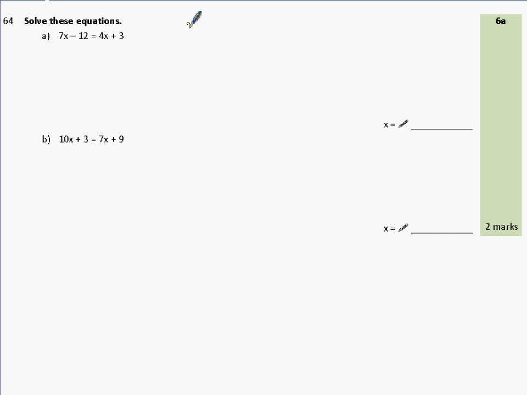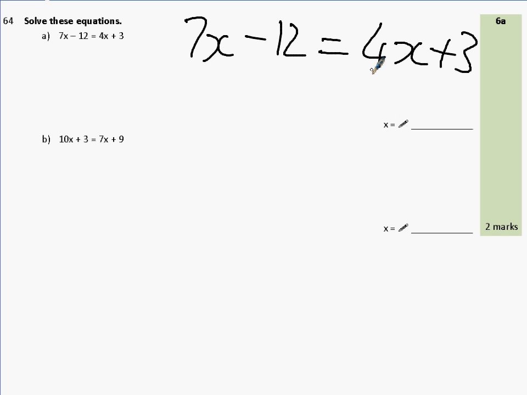Solve these equations. 7x take away 12 equals 4x plus 3. We've got an unknown on both sides. To solve that, we take away the smaller coefficient next to the unknown. And that in this case is 4, because 4 is a smaller coefficient than 7. So take away 4x from both sides.